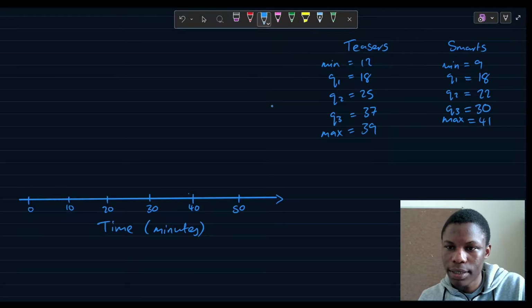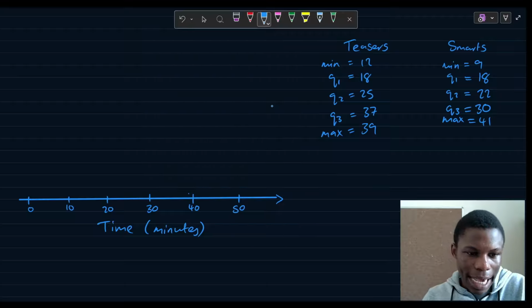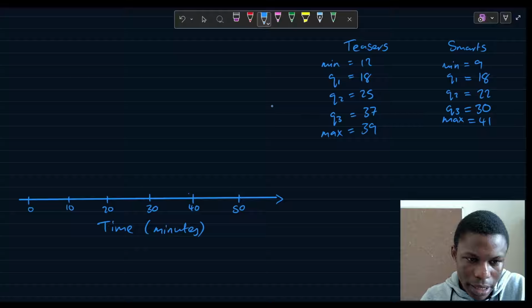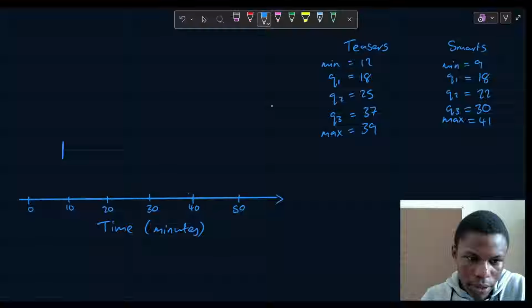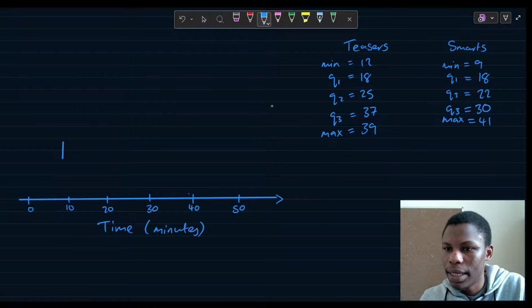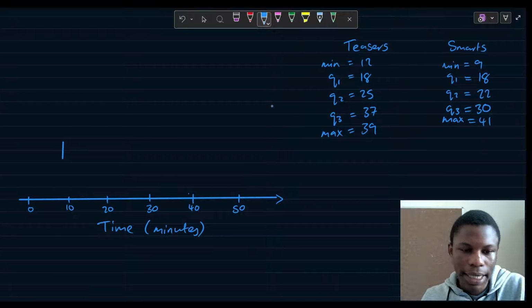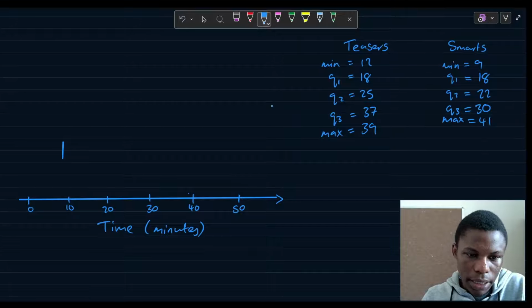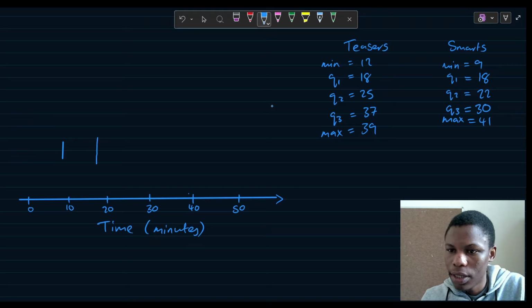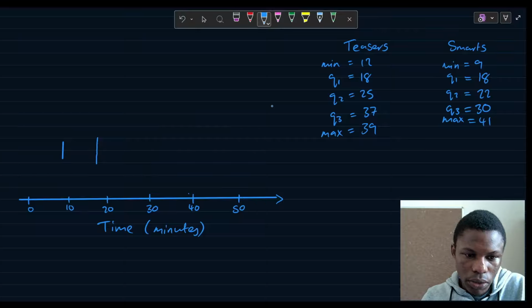All right, so let's start with smarts. The minimum for smarts is at 9, which would be just less than 10, so somewhere there. Then Q1 is at 18, just less than 20. Then Q2 is at 22, so just over 20.